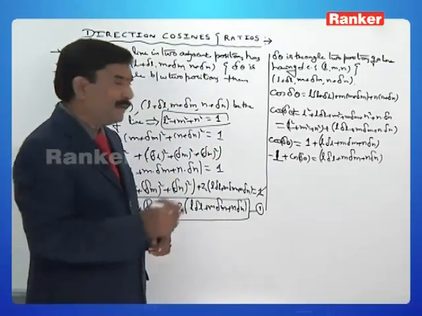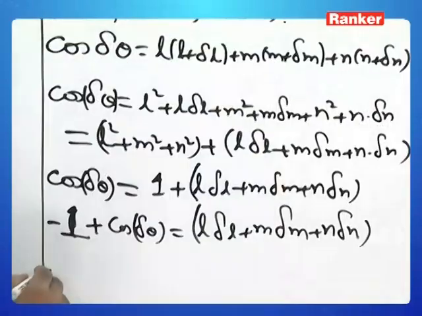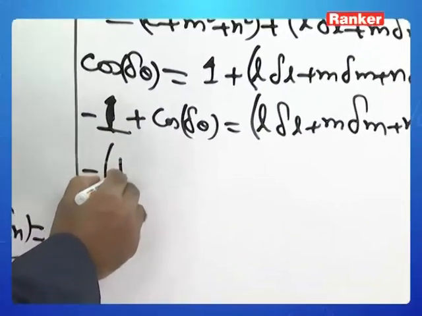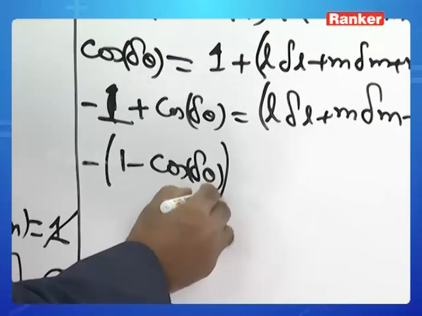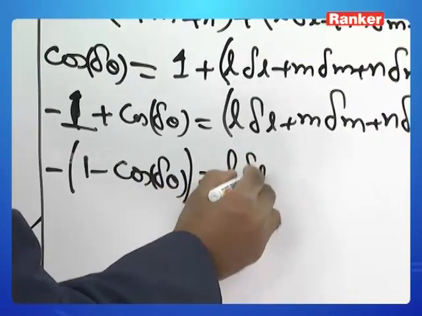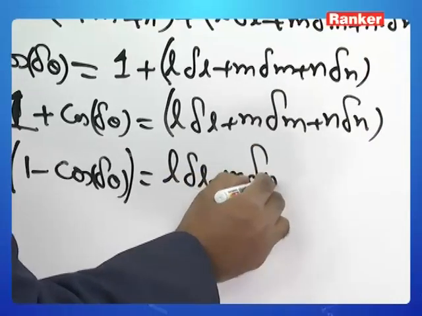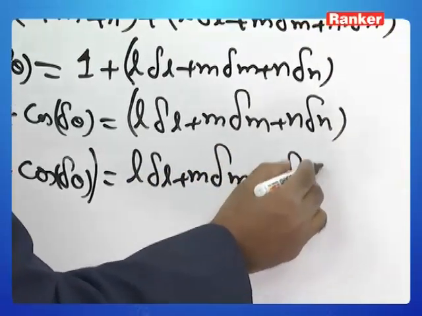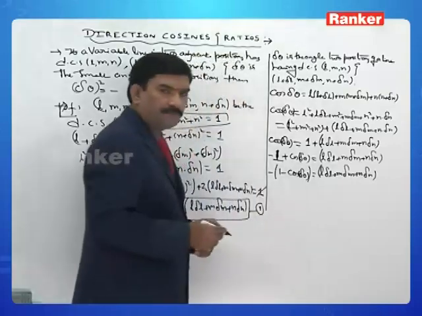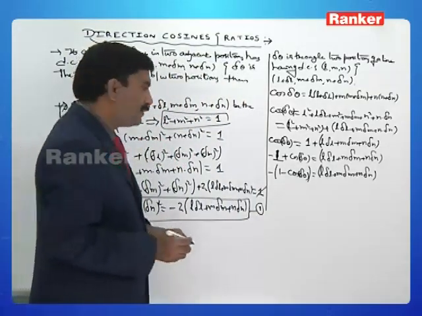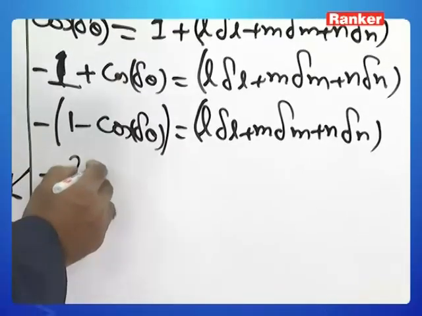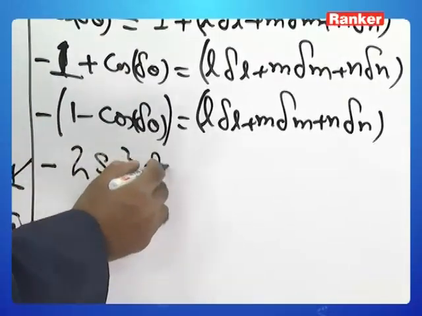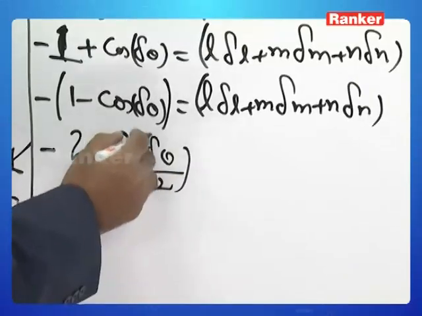Followed? So therefore now take minus common: 1 − cos δθ is equal to −(l δl + m δm + n δn). Followed? Right? So therefore now this is nothing but 2 sin²(δθ/2).